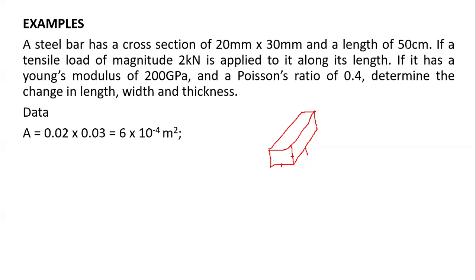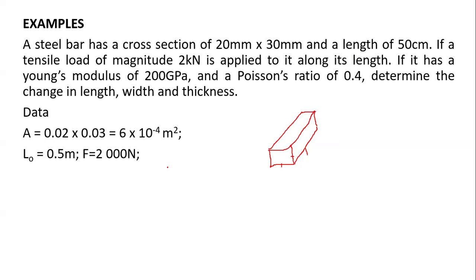Then if you take the length, you simply divide it by 100 because this is in centimeters. Converting centimeters to meters, that's what we do. So 50 centimeters divided by 100 or multiplied by 10 power negative 2. The same as here, you can either divide by 1,000 or multiply by 10 to the power negative 3.